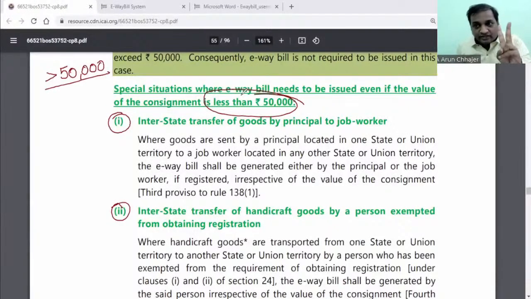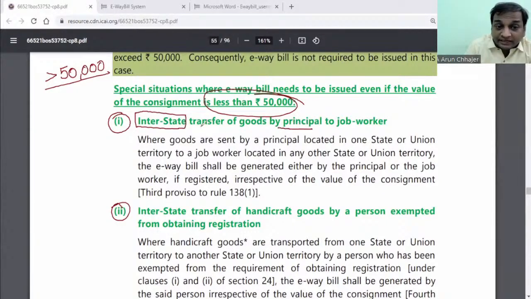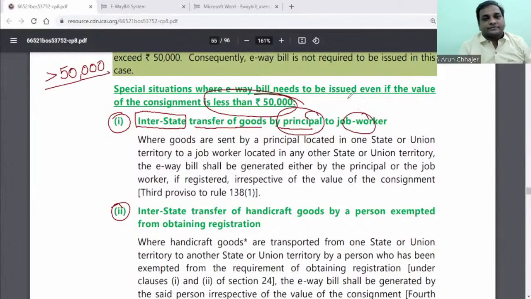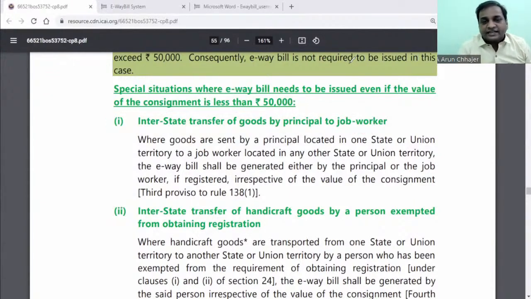There are two situations wherein a mandatory Eway bill is required, irrespective of any value. The first is interstate transfer of the goods by the principal to the job worker.